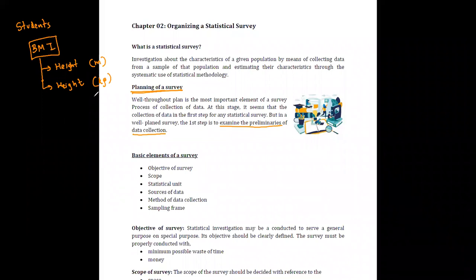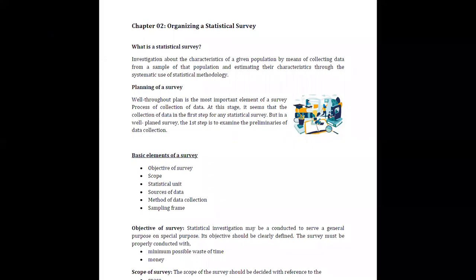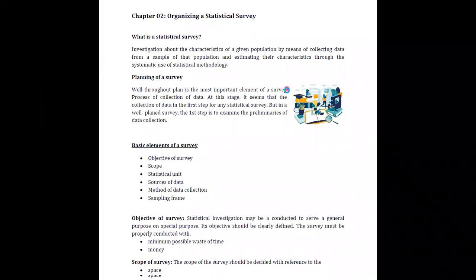And now we will move on to have an idea about the basic elements of any given survey. When we are going to conduct a survey, we should have an idea about these basic elements. Okay, here I have mentioned the basic elements of a survey.